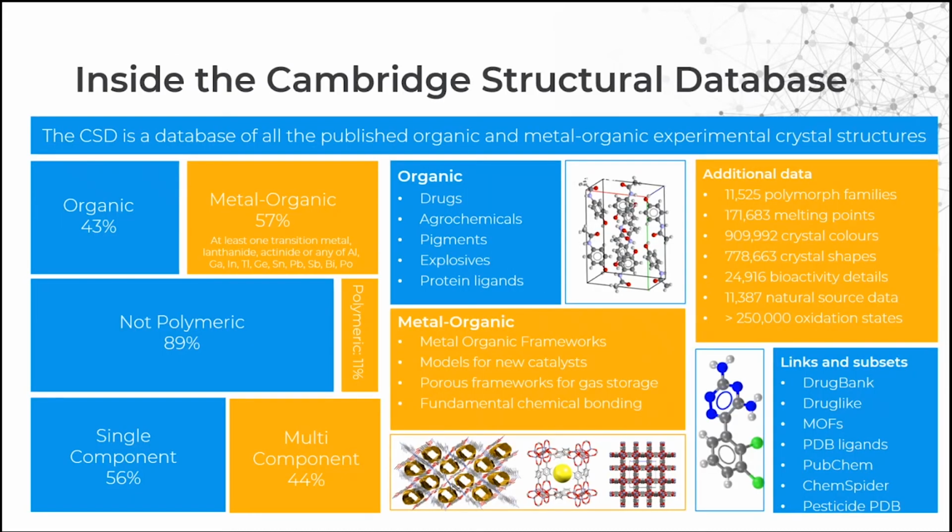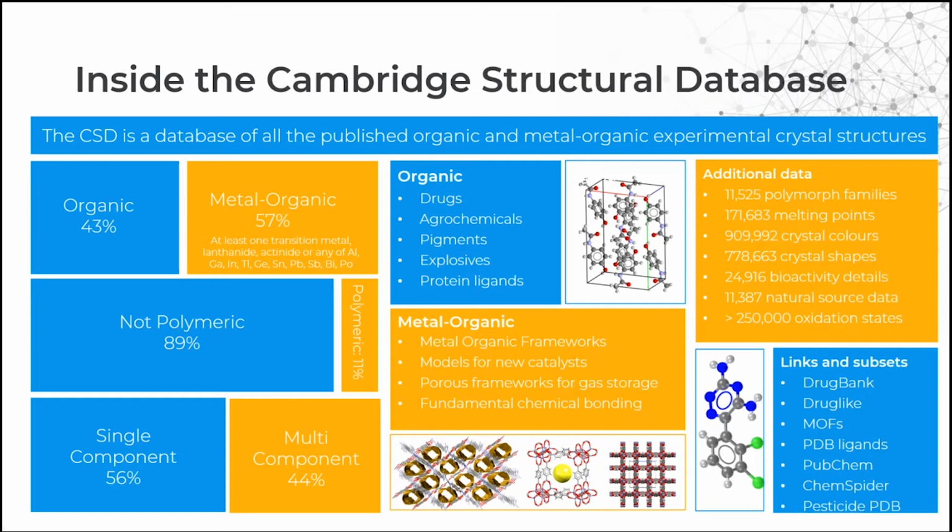The CSD contains a mix of organic and metal organic structures with a split between single and multi-component complexes. The organic structures can be used to design new drugs, agrochemicals, pigments, and explosives, with metal organic structures providing information on metal organic frameworks, models for new catalysts, and porous frameworks for gas storage.